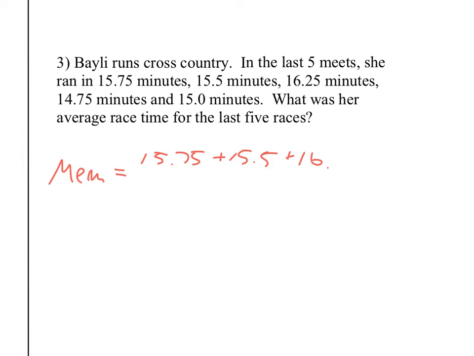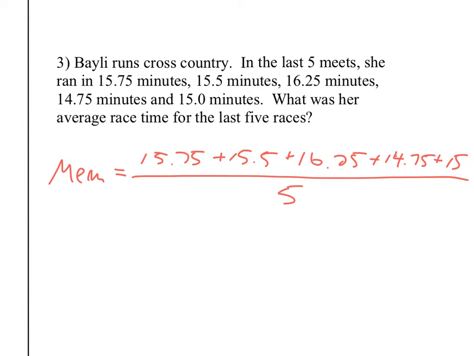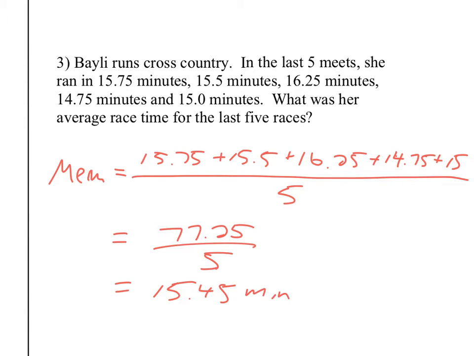And you can just use a calculator to do this. Divide by the total number of numbers. We have 5 of those numbers. It's going to be 77.25 divided by 5. Her average race time is going to be 15.45 minutes.